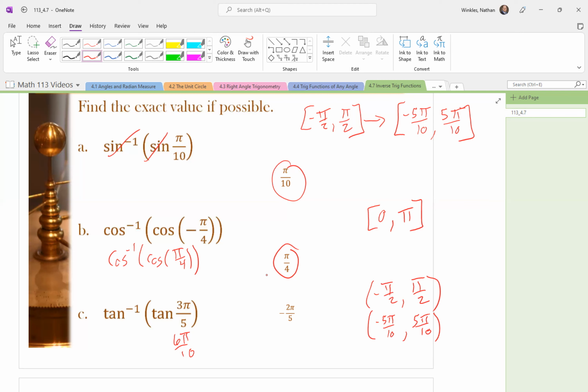But if we think about what is 6π/10 or 3π/5, if we were to draw this out, 3π/5 would put me somewhere right here.